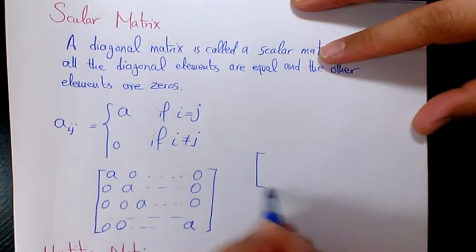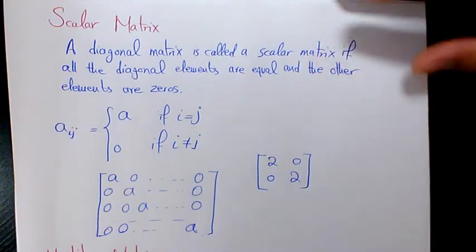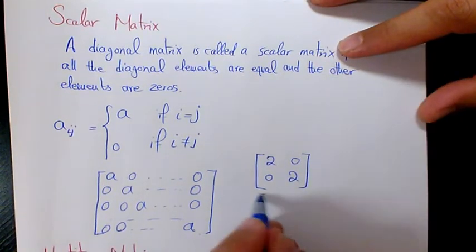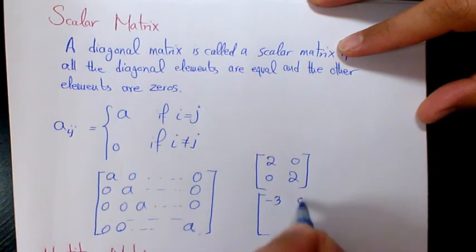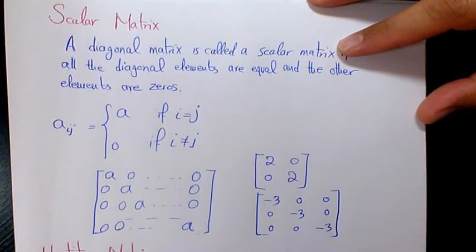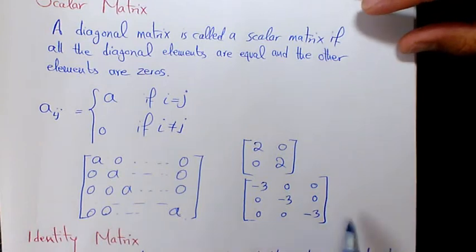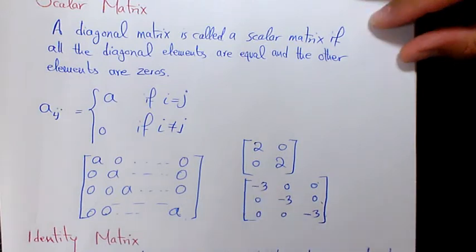For example, here we have 2, 0, 0, 2. That's a scalar matrix. If we have -3, 0, 0, 0, -3, 0, 0, 0, -3, that's another example of a scalar matrix, because we have a diagonal matrix since all other elements are 0 and the diagonal elements are equal.